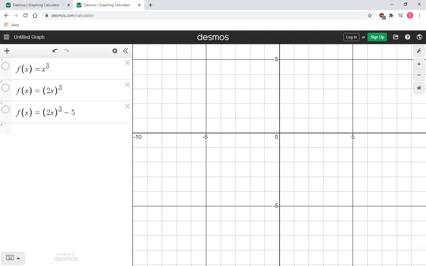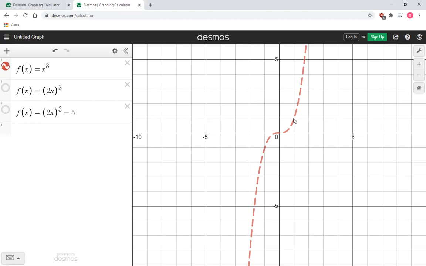So here we are in Desmos, and we said we start by using the base function. So we graph the base function x cubed. Then we look at the 2, and we said the 2 would be a horizontal shrink. So basically what that's saying is that here on the graph, we have the point (1, 1).